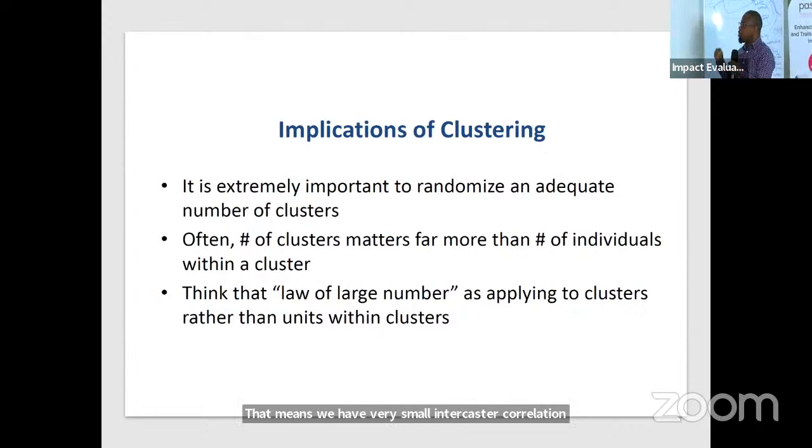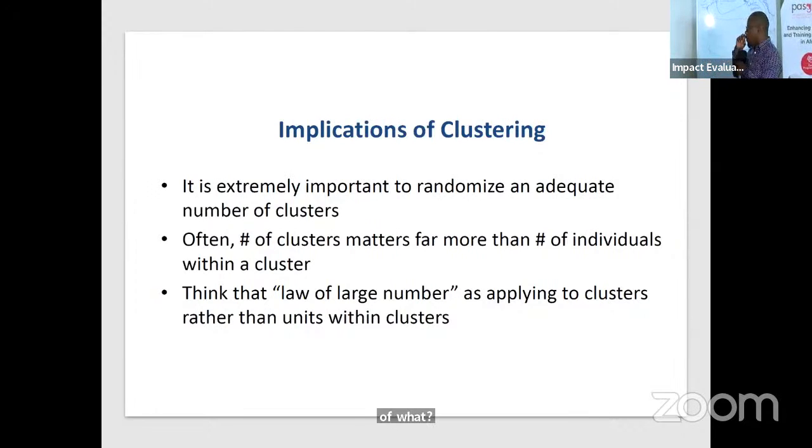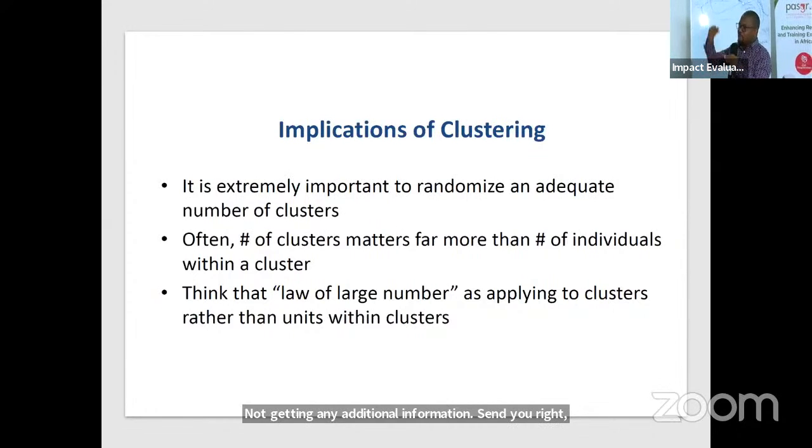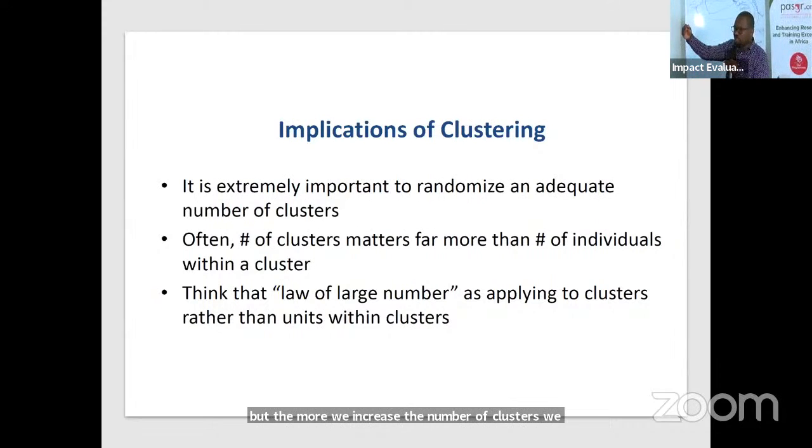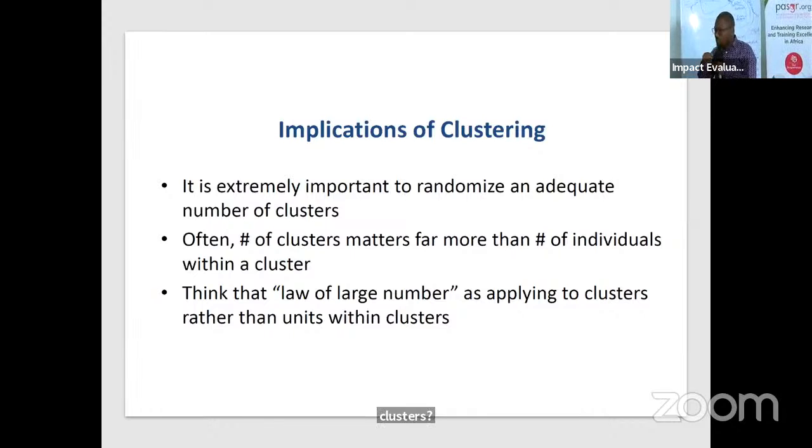And that has a potential risk of what? Not getting any additional information, right? But the more we increase the number of clusters, we need to ask ourselves, what is the correlation between clusters? Because it matters. Are we together? And we're going to see that.